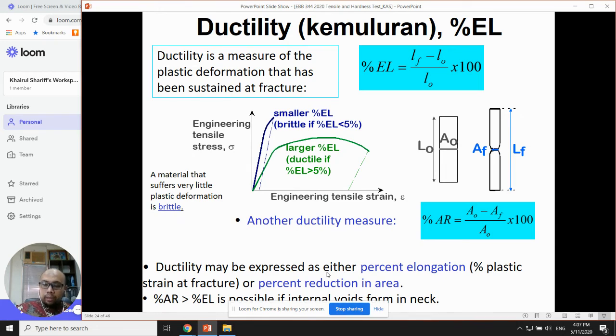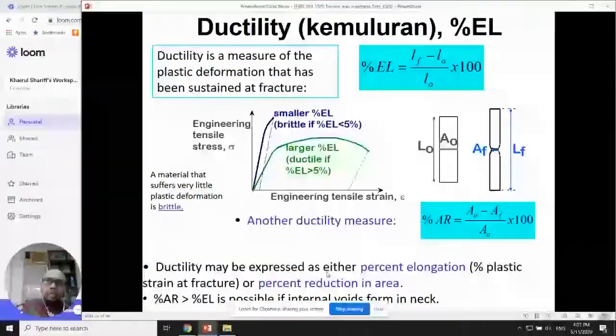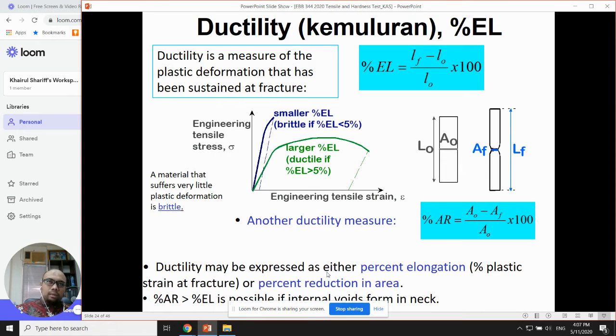In simple words, for this slide, in order to decide whether this metal is ductile or not, whether the metal contains high ductility or not, you need to calculate two parameters: the percentage of elongation as well as the percentage of area reduction.